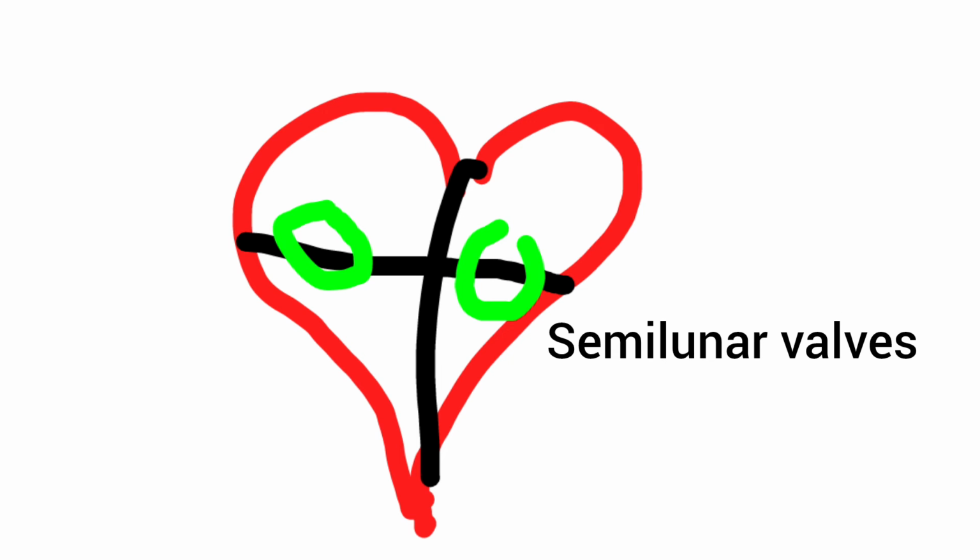And then the other valves that we have are the semilunar valves, right? They get the name semilunar valve because they look like a half moon. Because of the half moon shape, they are called semilunar valves. So the semilunar valves are two valves.